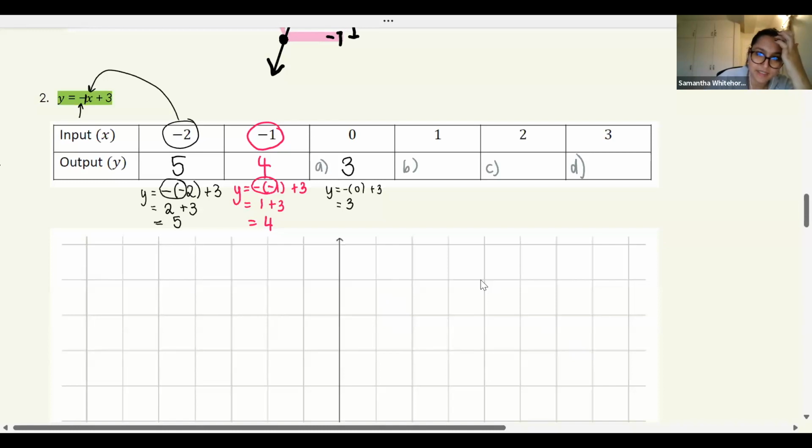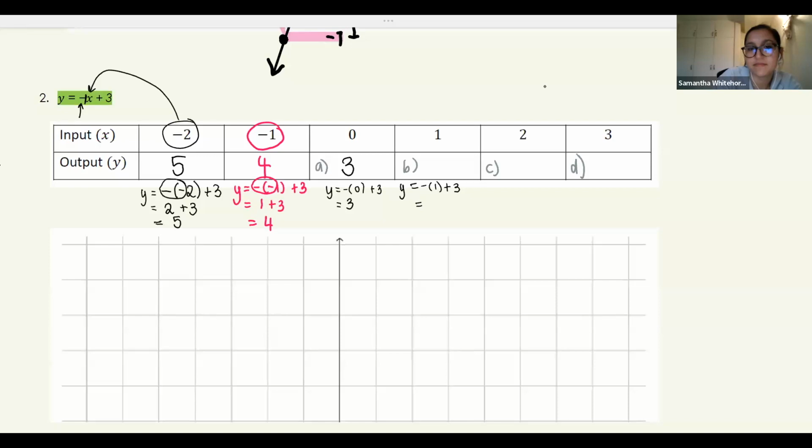I said -1, ma'am. And then I said +3, ma'am. Good. And then I changed the negative into a 2, ma'am. Okay, good, because we had -1 plus 3, which gave us 2. Excellent, well done.